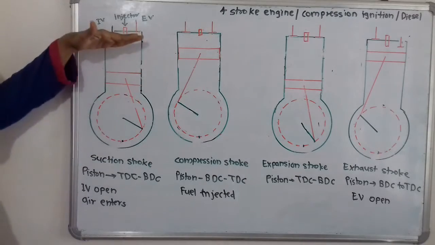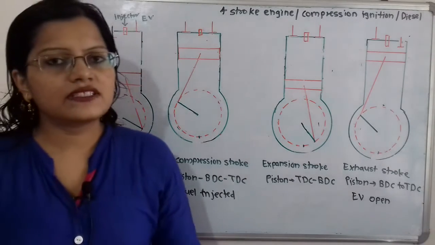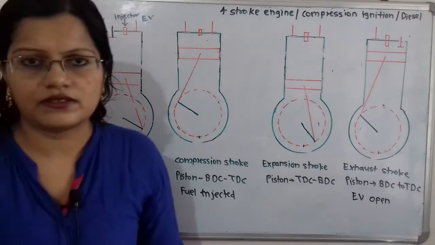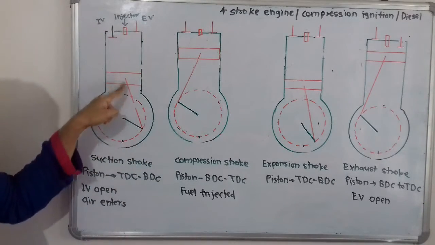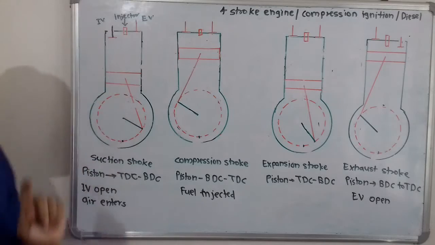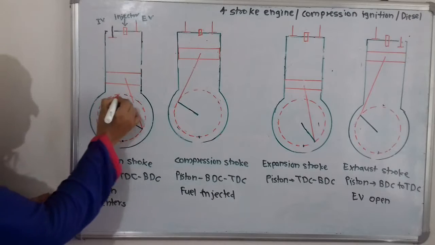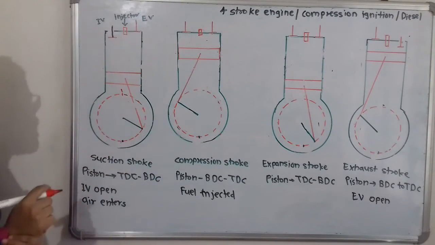Now what is happening in the suction stroke? The piston moves from the top dead center to the bottom dead center. The piston is attached to the crank through this rod. So what is the motion of the crank? Initially the crank is at this point, point 1.